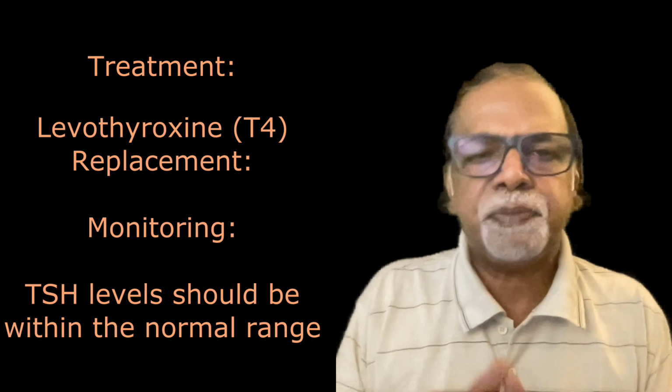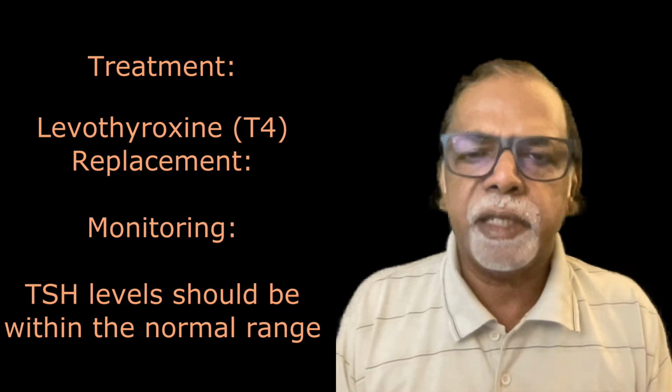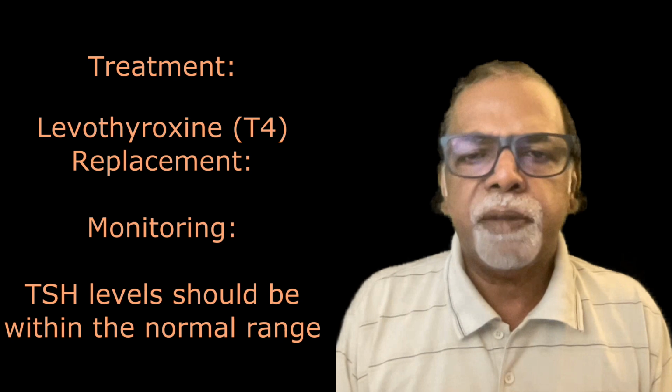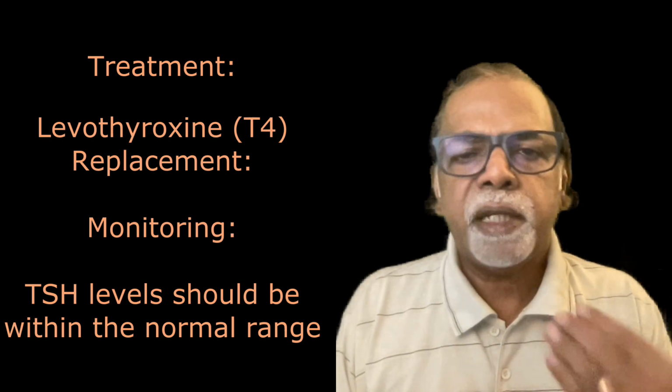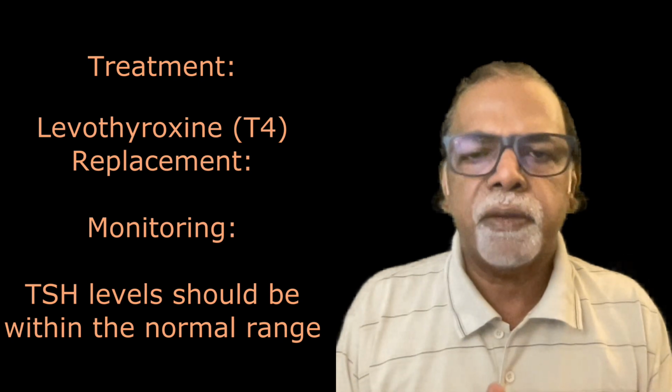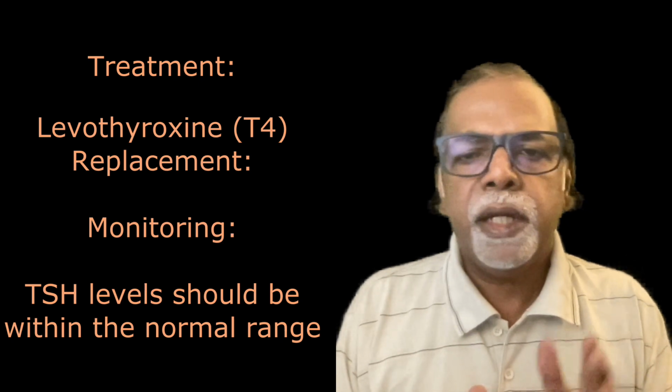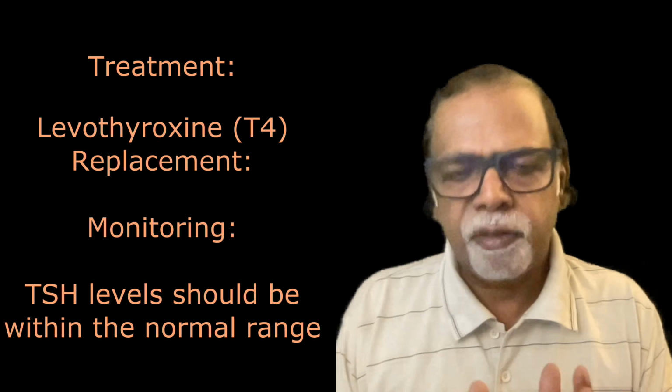What's the treatment? Hypothyroidism is eminently treatable. With T4 replacement therapy, the standard treatment is to normalize the thyroid hormones by replacing T4, the thyroxine. Start with a low dose and titrate based on the TSH levels.